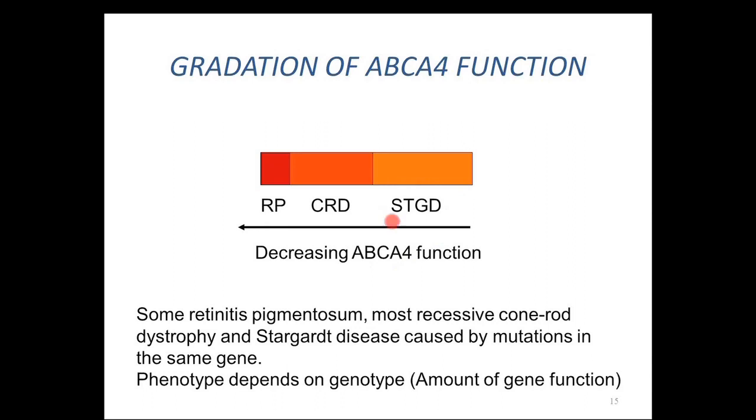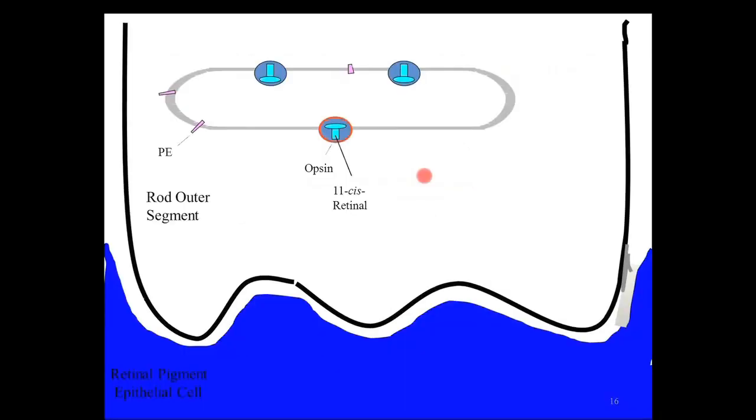But even within families or within different families with Stargardt's disease, we can find a lot of variation in terms of age of onset. Some of those children start to lose vision at 10, 15 years old. Others are in their 40s or 50s before vision loss starts to take place. And we don't really know why it might be so different in some families and not others.